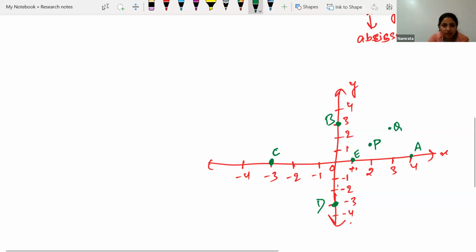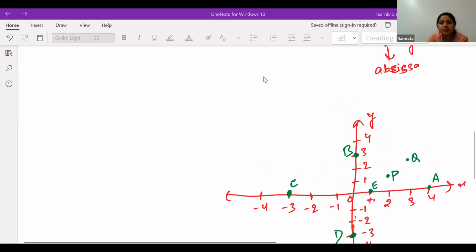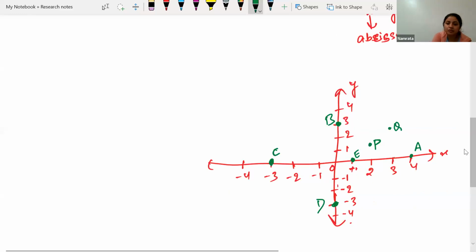Only Rumaisha, you are here. Yes, Rumaisha, tell me. Coordinate of A is 4. Only 4? 4, comma 0. Perfect. Coordinate of B is? 0, comma 3.